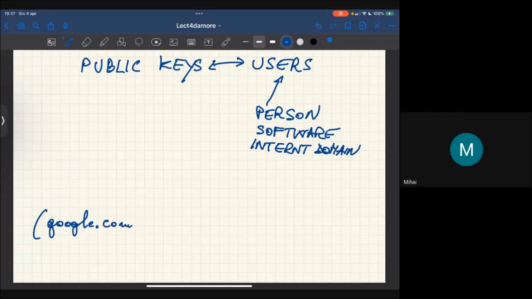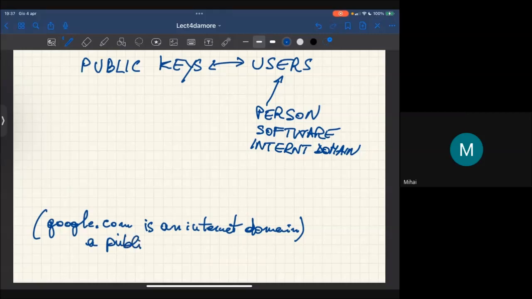This is an internet domain. And a public key has been associated. Then I will teach you how to find the public key.